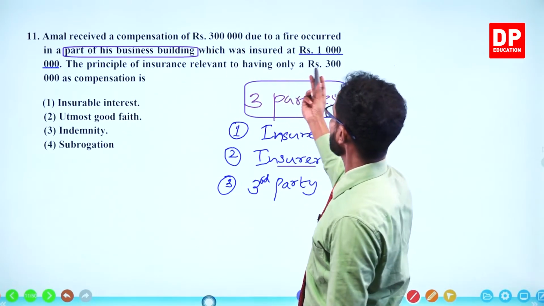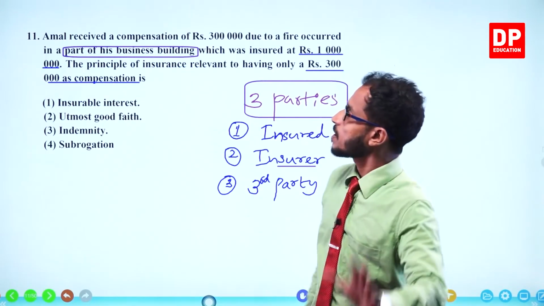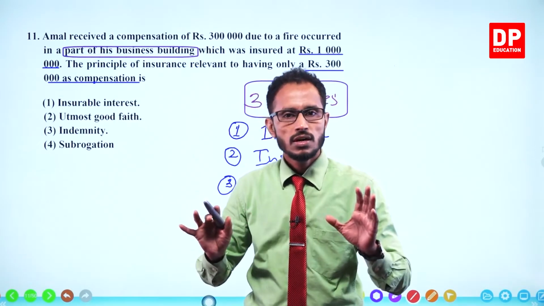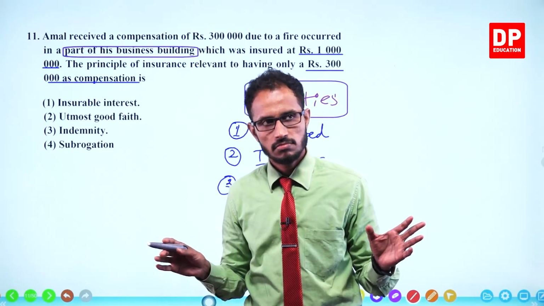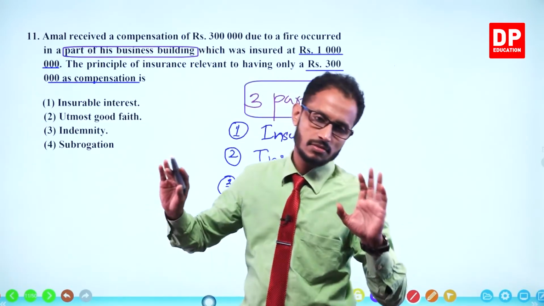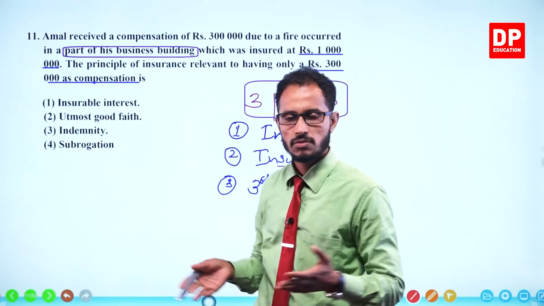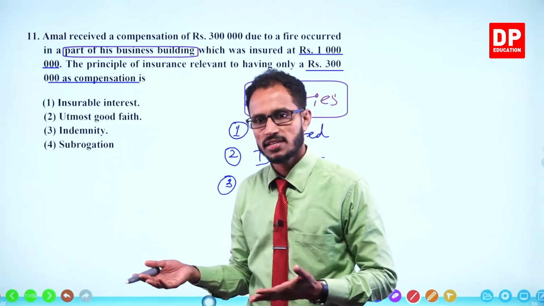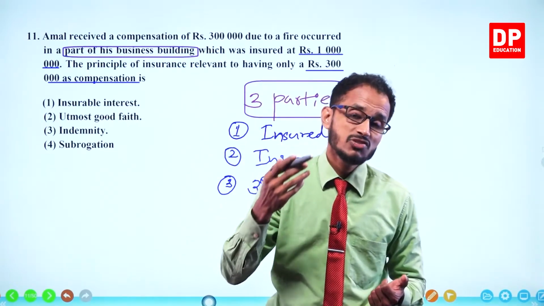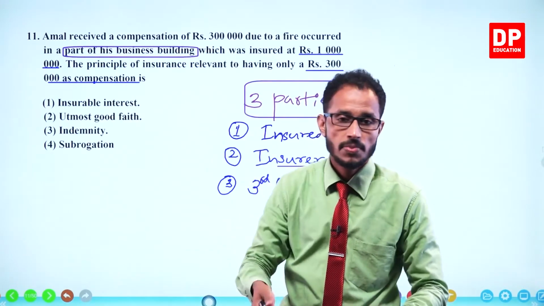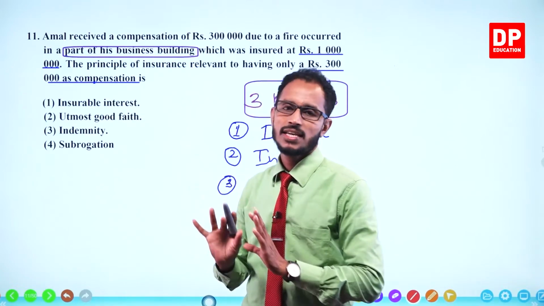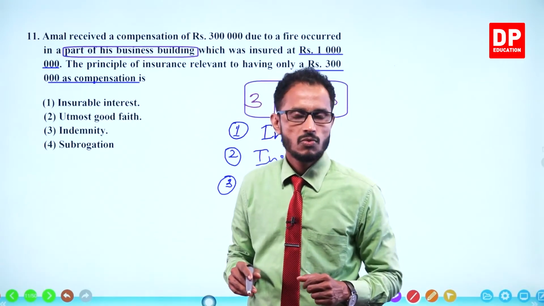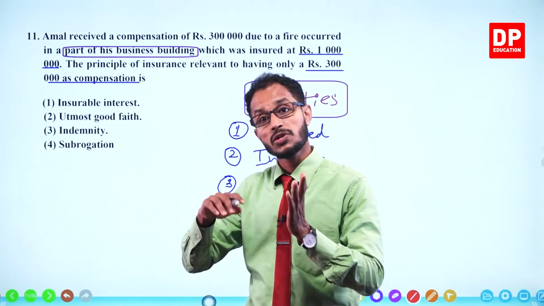The principle of insurance relevant to having only 300,000 compensation is: if you incur a damage due to an unexpected accident or incident, like a road accident, a fire in a building, a flood or a tornado, the insurance company or the insurer will compensate for the damage, but only to reinstate the asset back to the position where it was in the original condition, not to improve the asset.